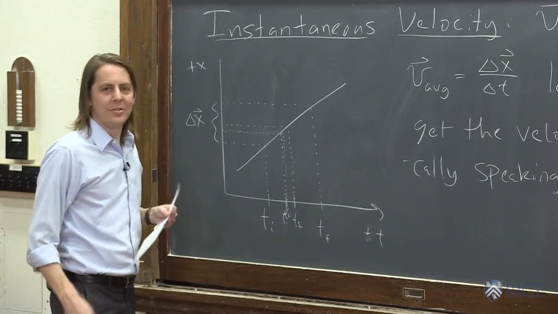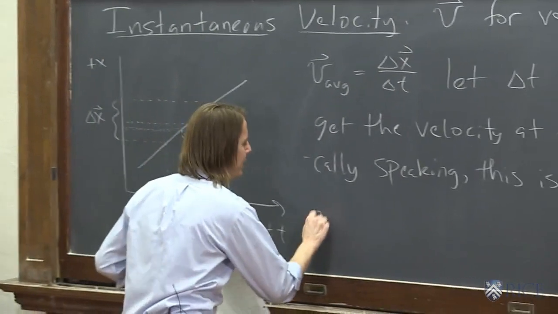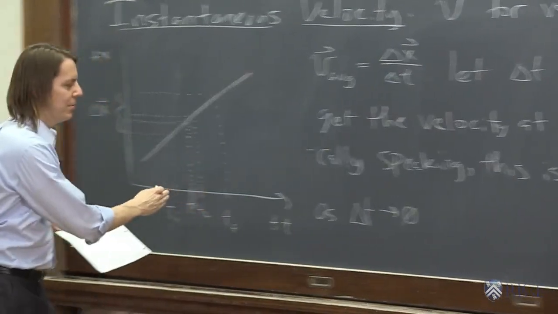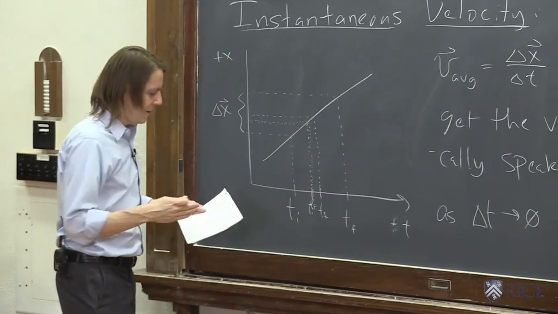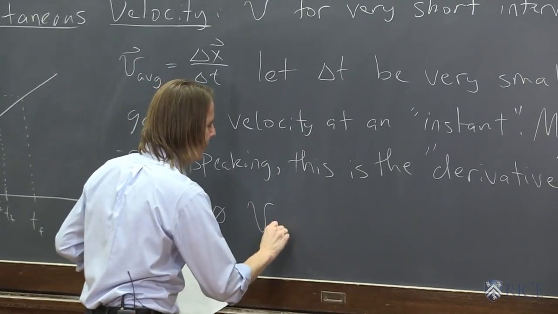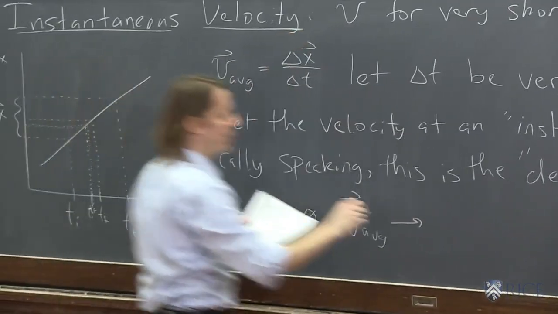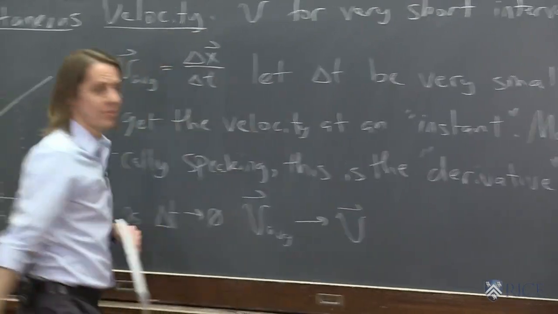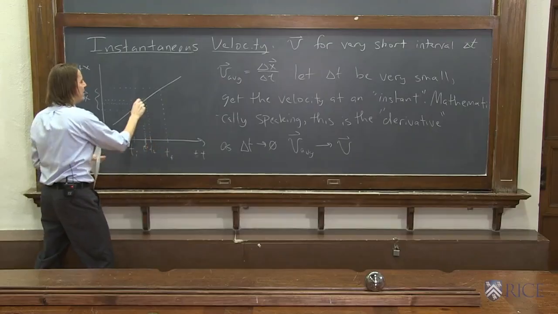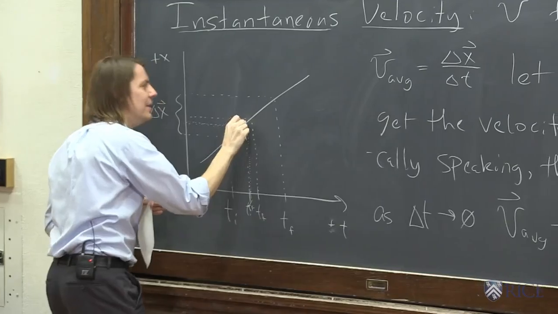But basically, this is the simple idea of the derivative. And what we mean is, as delta t goes to 0, as we make it really thin, then V average goes towards this thing we just call V, the V instantaneous. Just like as I was drawing here, as we shrunk down delta t towards 0, we get not the average velocity over some region, but the velocity at an instant.